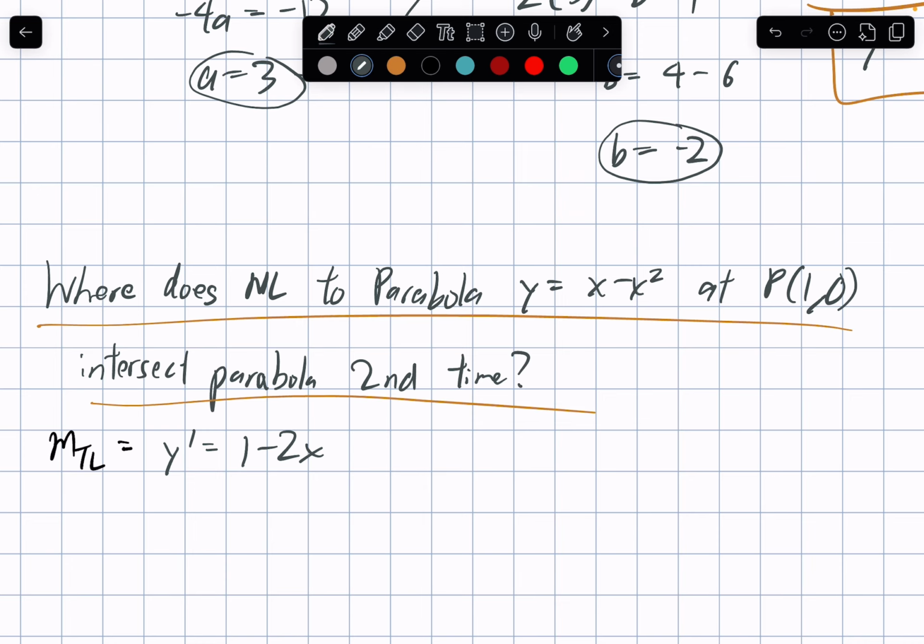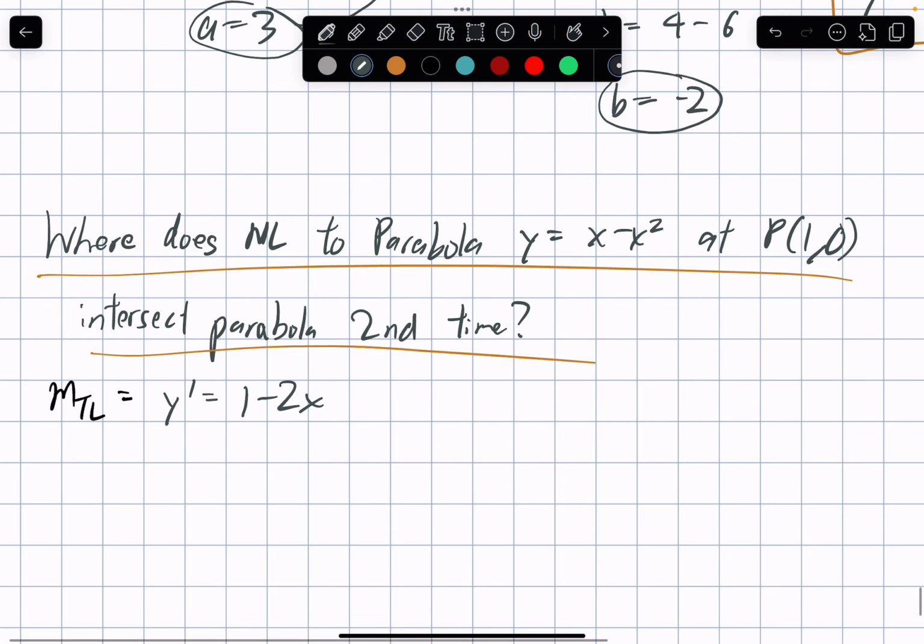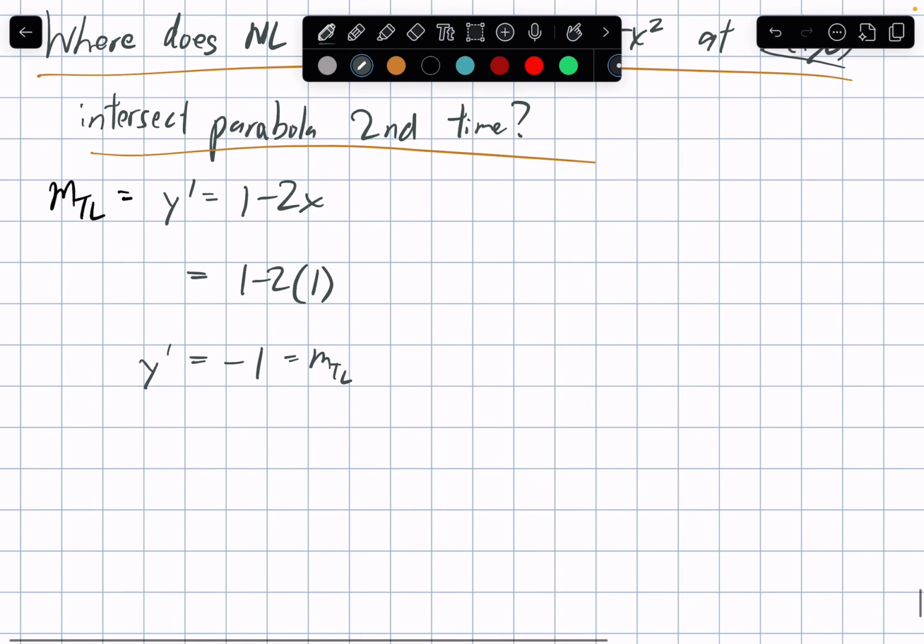And what else? So since you have a point 1, 0, substitute x. So 1 minus 2 times 1. Negative 1 is equal to your MTL. Therefore, your MNL is going to be negative 1 over 1. Sorry. The opposite, so positive 1.